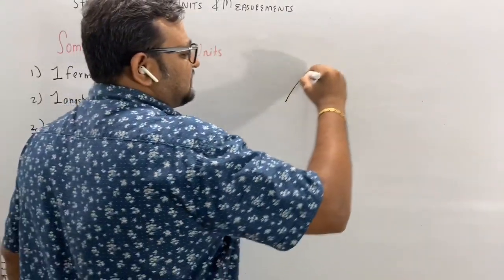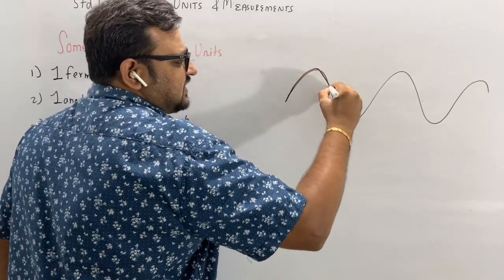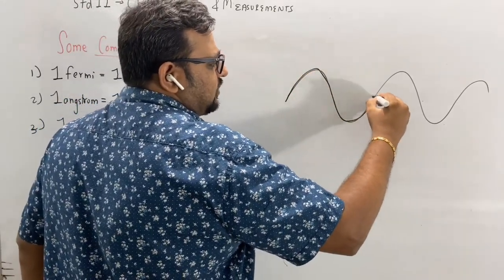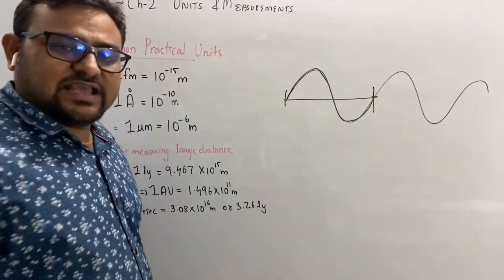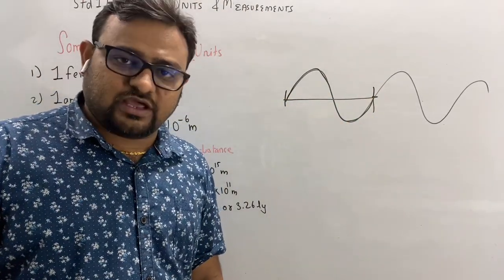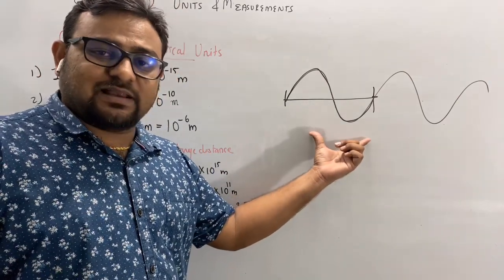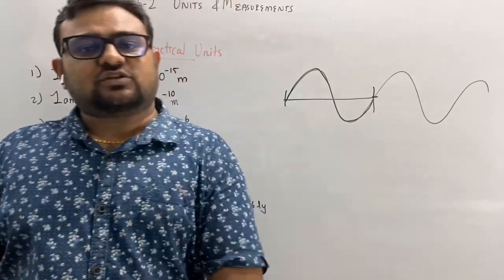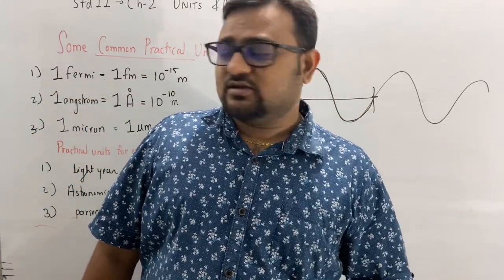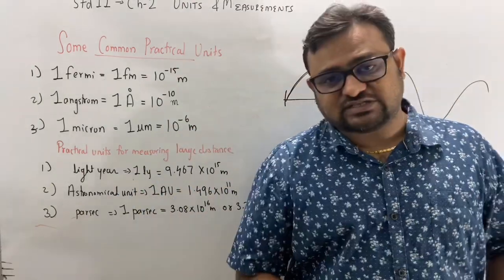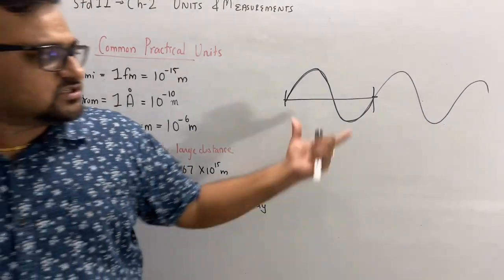If you consider light as a form of a wave, then the distance covered by one wave, from here to here, this distance is wavelength. Visible light has a wavelength of 4000 angstrom to 7000 angstrom. In some books it is also represented as 4000 to 7500 or 8000 angstrom. Okay, so this was about wavelength.